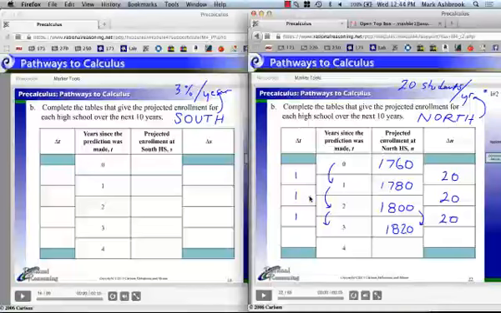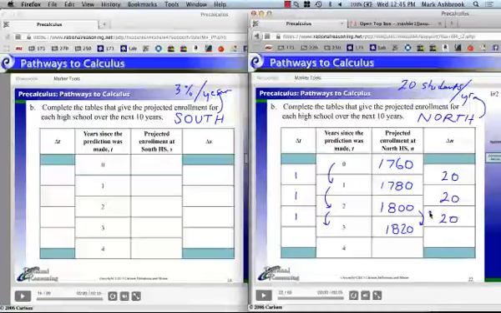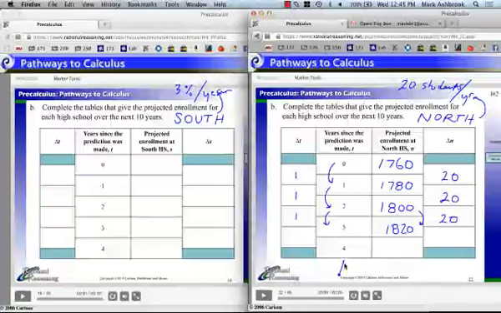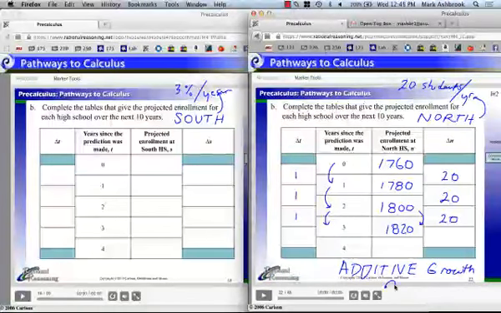But now we can look at this a different way. What's characterizing the growth then? How is the enrollment growing? 20 people per year. What operation is it? Addition, right? We're adding 20. This is additive growth, which is another way of looking at constant rate of change.